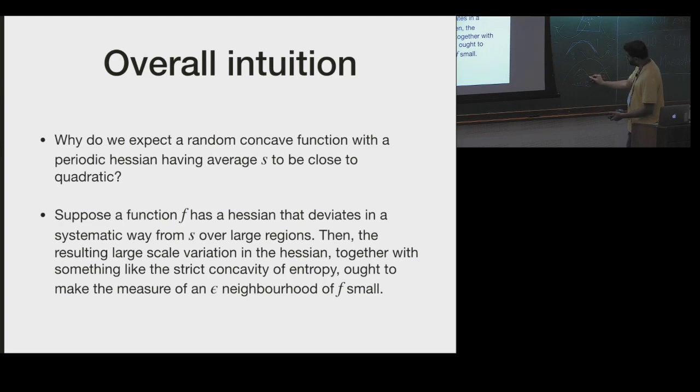So, and this is already coming rather close to 2. So the amount of variation in these portions is less. But the amount that you gain by having this is actually smaller than the amount you lose by having this, due to something like the strict concavity of entropy. And that's why these sort of things get penalized and you end up with something that is more or less flat.